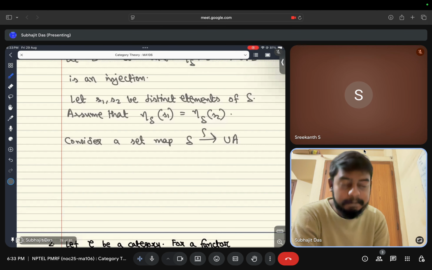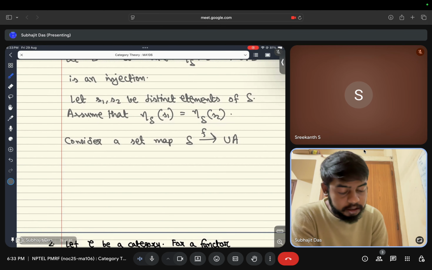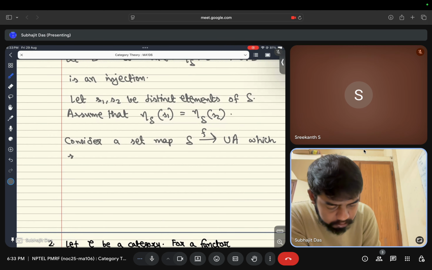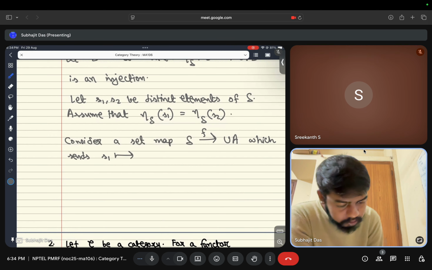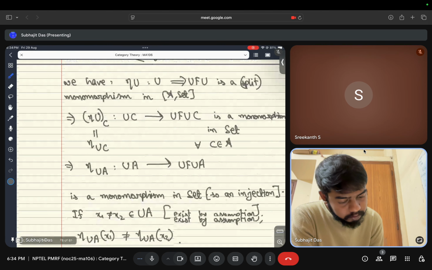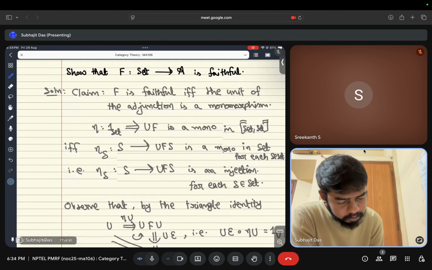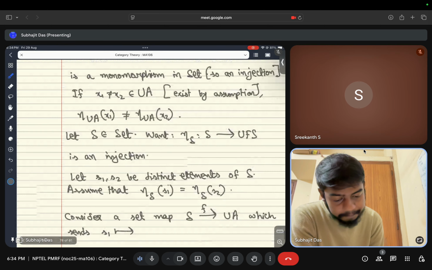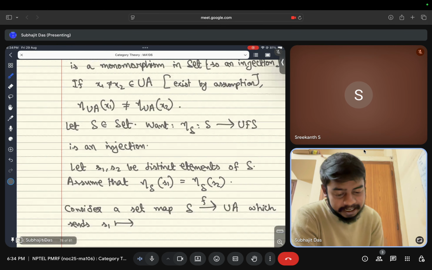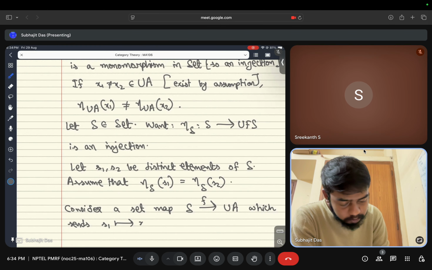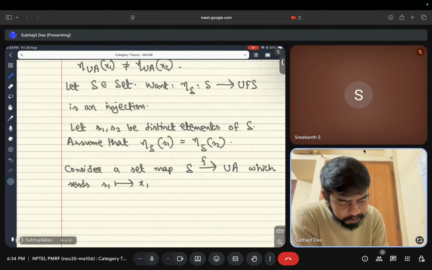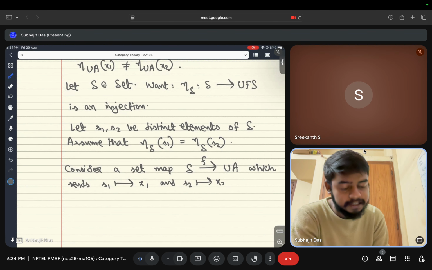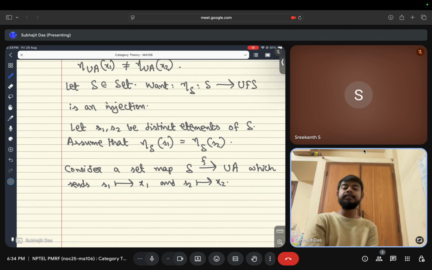So consider a set map F which sends S1 to x1, so we already had something, right? x1 and x2 are two distinct elements in UA. So S1 to x1 and S2 to x2, let's say.